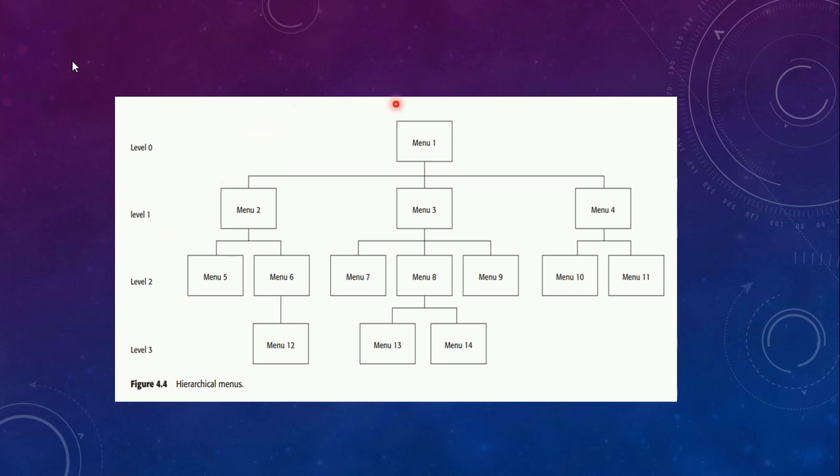Starting at level 0, you have two selections, that is, two mouse clicks are needed to reach level 2. Normally, how do you select the menus? You will be selecting menus using mouse clicks, double click or single click, whatever it may be. Two mouse clicks are required to reach level 2.